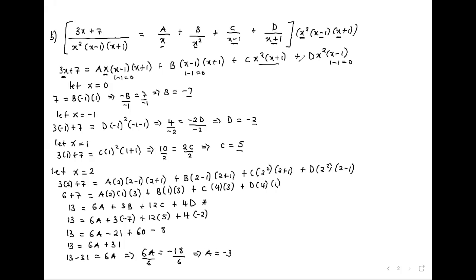Each number that you choose will only enable us to get one unknown variable at a time. Now that we have all of them, we can safely say, when you get to this point, you are free to choose a number.